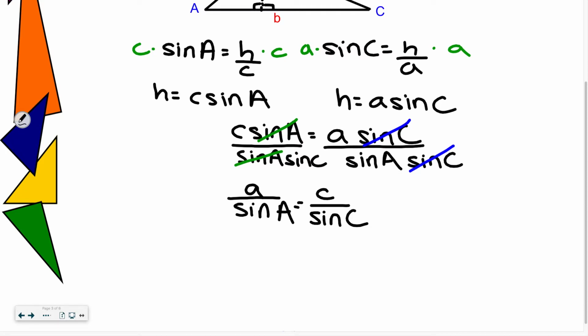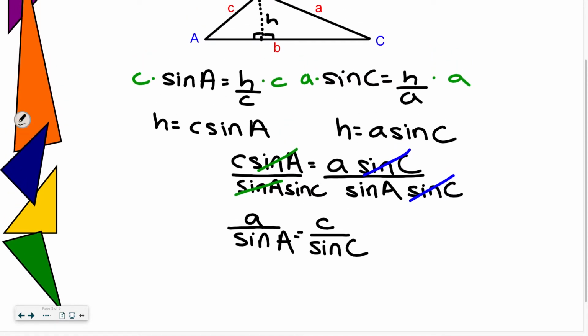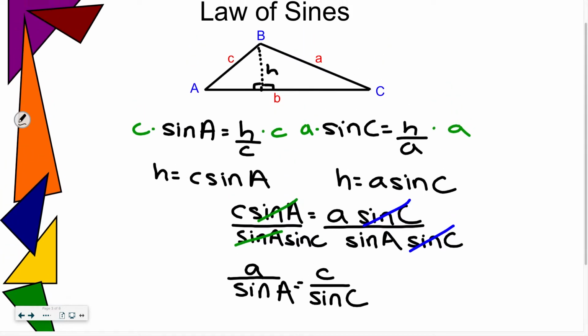Now I'm not going to take the time to do it, but I could go back up to this triangle. This would be a good challenge for some of us who are interested in this theoretical sort of proof making, where a formula comes from. I could go back up to this triangle and draw a new altitude, so that I don't have A's and C's, I'll have either A's and B's or C's and B's.